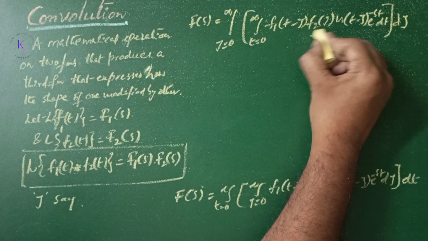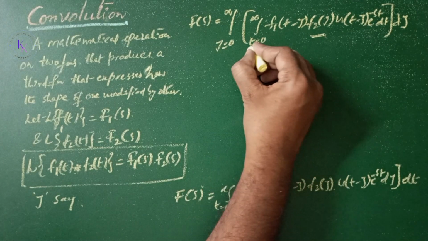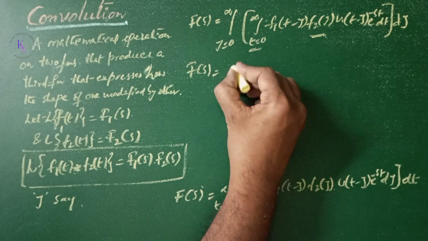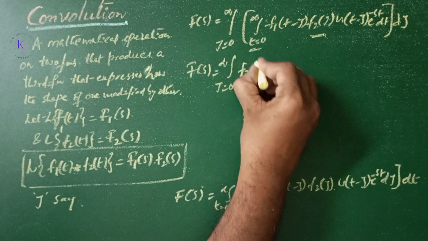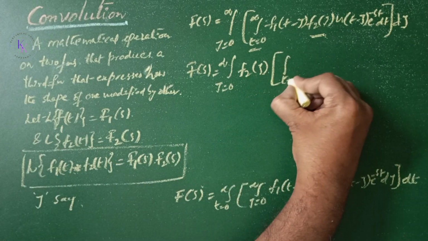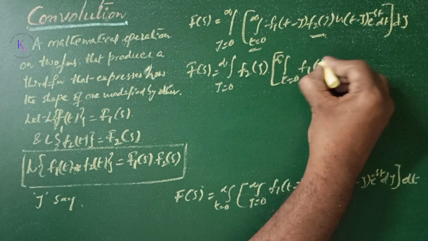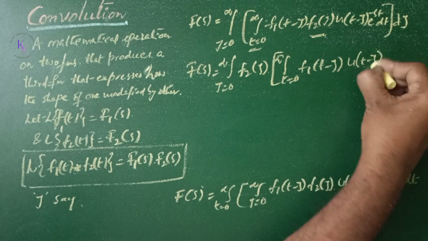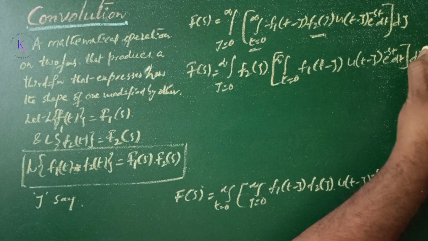However, f2(tau) is not a function of t. So now we can write F(s) equals the integral tau from 0 to infinity of f2(tau) times the integral t from 0 to infinity of f1(t minus tau) u(t minus tau) e^(-st) dt d tau.